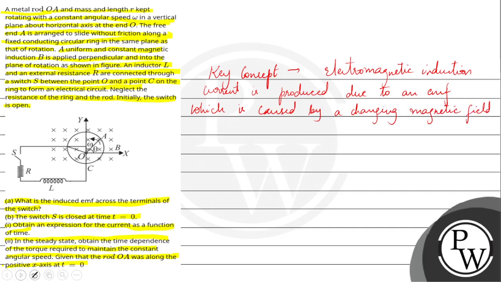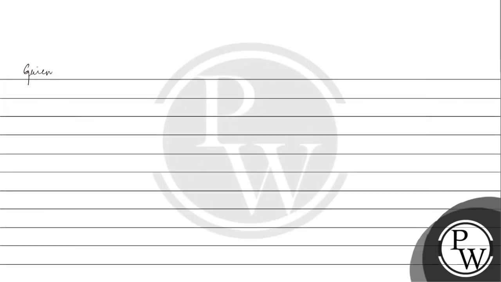So given, length of the rod is r and the constant angular velocity is omega. तो इसको सॉल्व करने के लिए हम ये एक डायग्राम लेंगे.